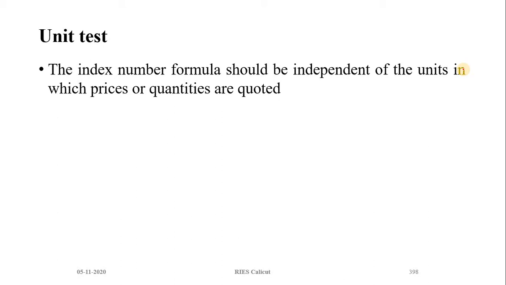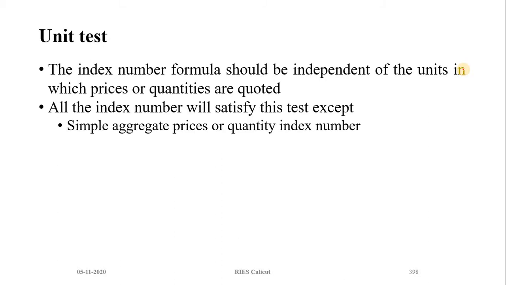Okay, so the units in which prices and quantities are quoted should not influence the index number value. This is important, and almost all the formulas, except the simple aggregate price or quantity index number, satisfy this test.